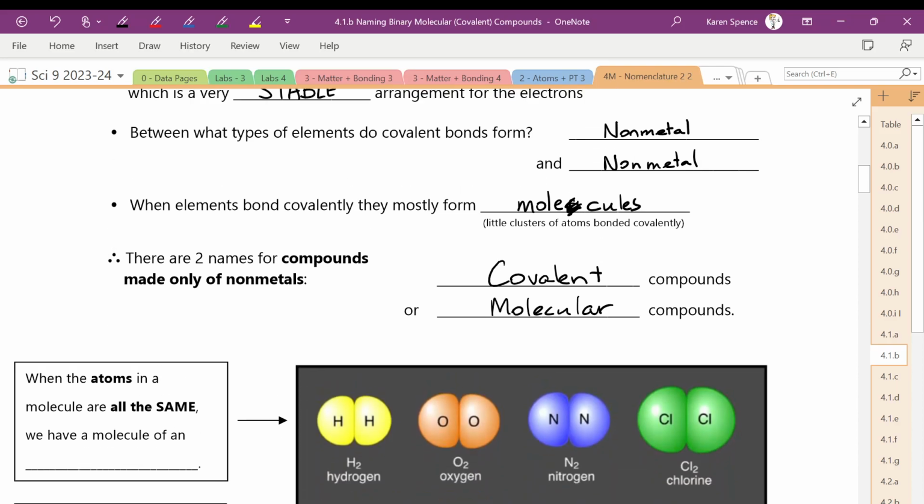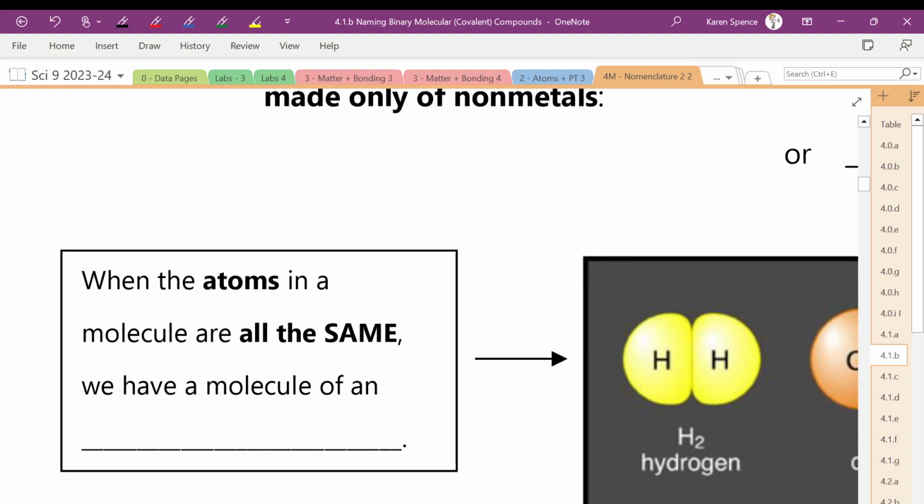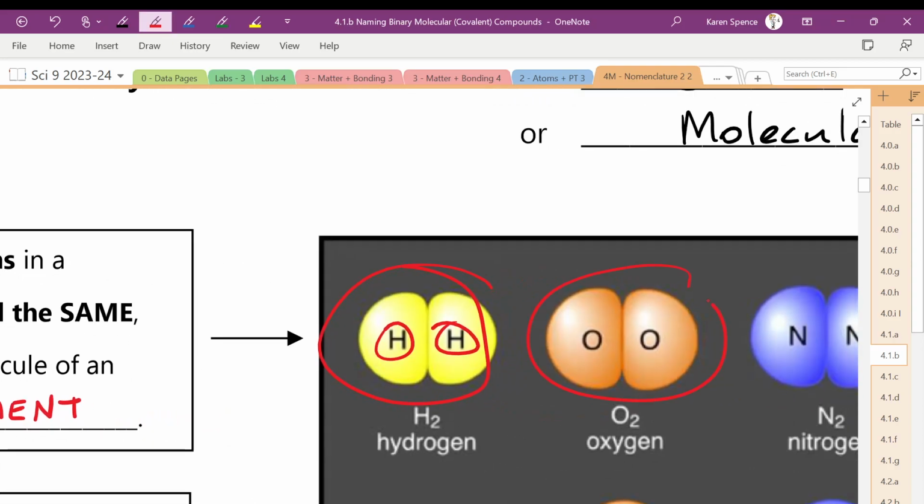When atoms in a molecule are all the same, so let's see over here, I have a hydrogen and a hydrogen. The atoms are the same. We say that we have a molecule of an element. Okay, so over here, the hydrogen is an element, oxygen is an element, nitrogen is an element.